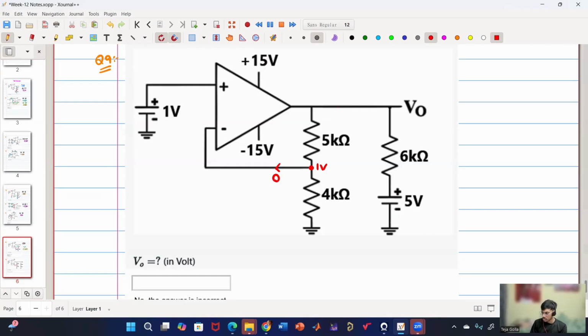Yes, sir. So now I can equate this current as well as this current, right? Yes, sir. You have to keep in mind one thing, that this output current is non-zero in an op-amp. Only the input current is 0. So there you cannot apply KCL because this current is unknown. You cannot do that.